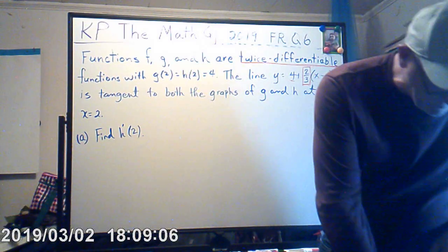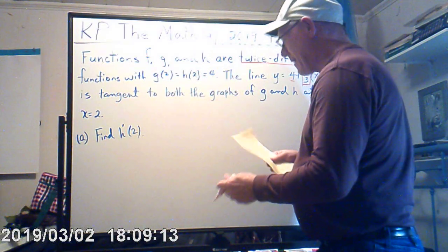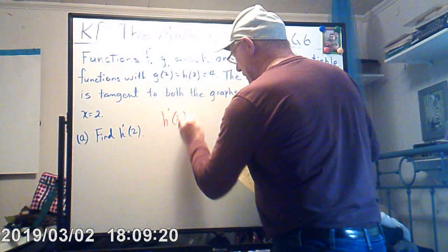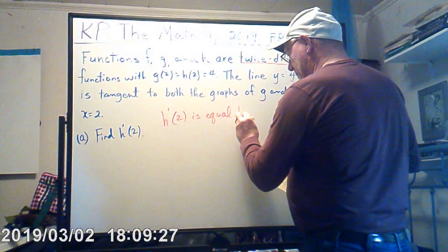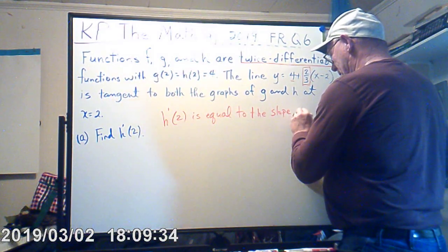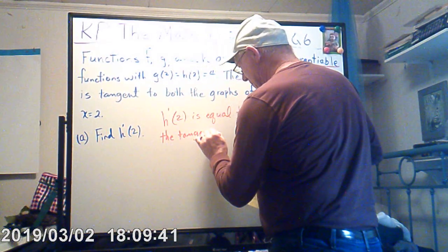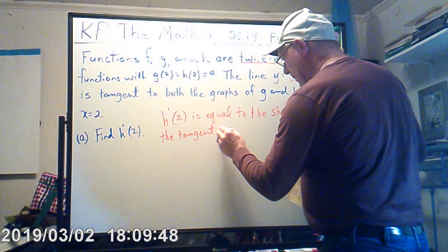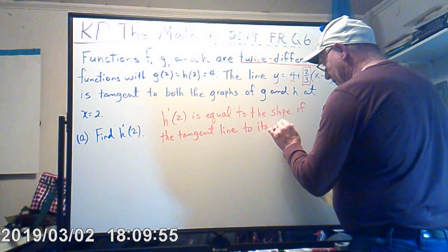Let me just say something here. h prime at 2 represents the slope at x equals 2, which is equal to the slope of the tangent line to the given curve.